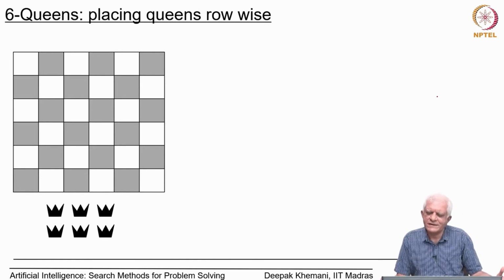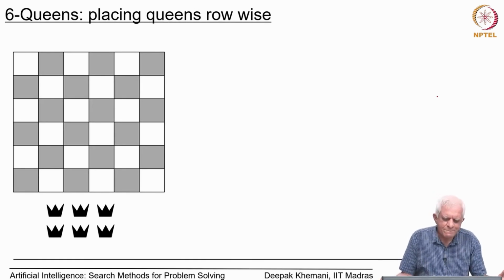So, we will illustrate this idea first with this n queens problem. If you are working with paper and pencil, this is what you might end up doing if you are solving it, let me say, in an intelligent fashion.